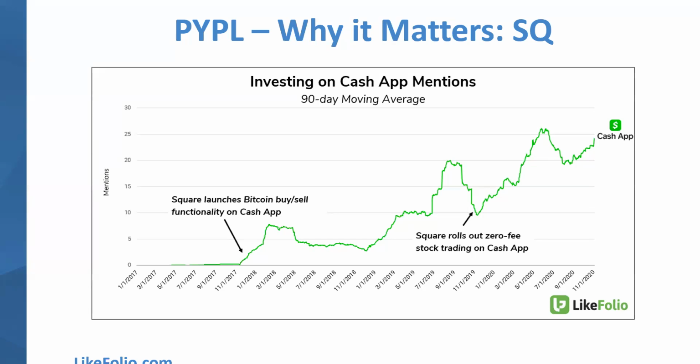This chart is mentions of people who are talking about investing on Cash App, which Square owns, which is also a peer-to-peer payment platform similar to Venmo. And you can see that every time they rolled out some type of new investing feature, the usage increased dramatically.